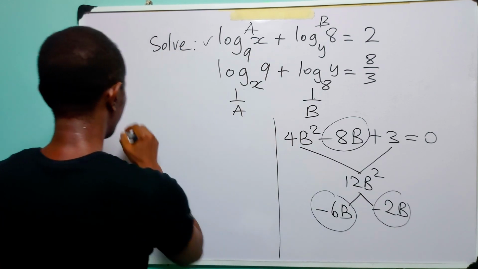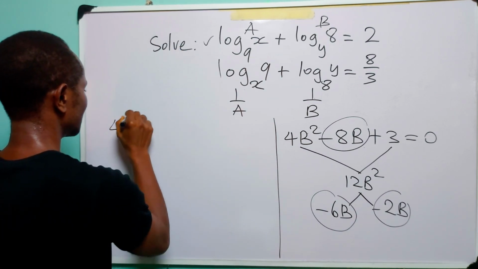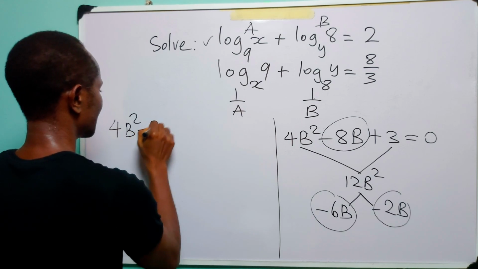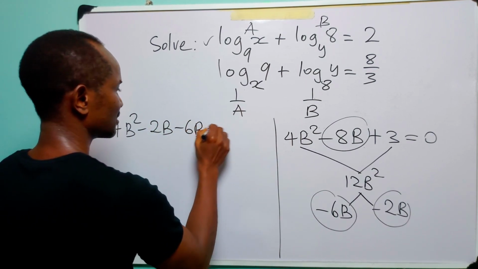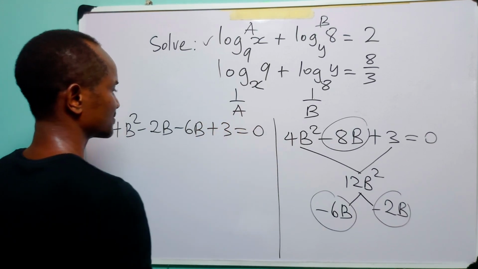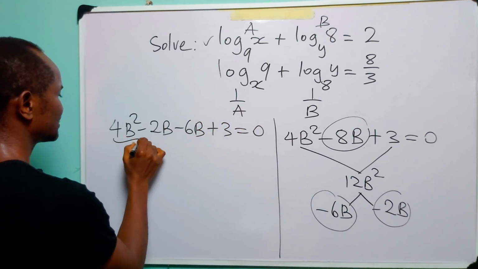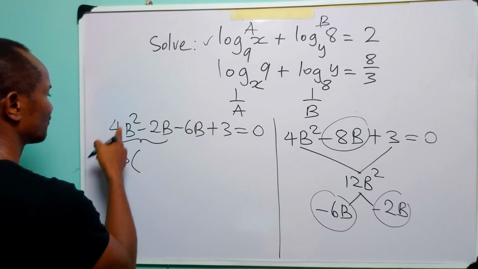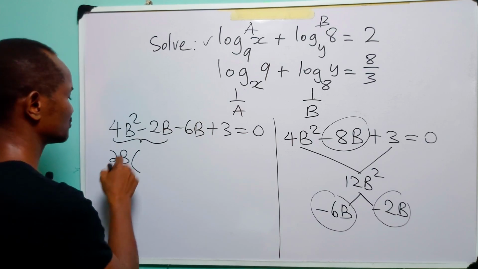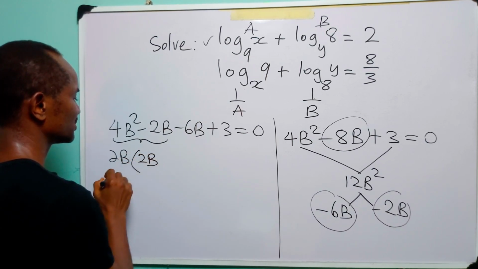And when we do that, we have 4b squared minus 2b minus 6b plus 3 is equal to 0. We can divide these two by 2b. So we have 2b. 4b squared divided by 2b is 2b.